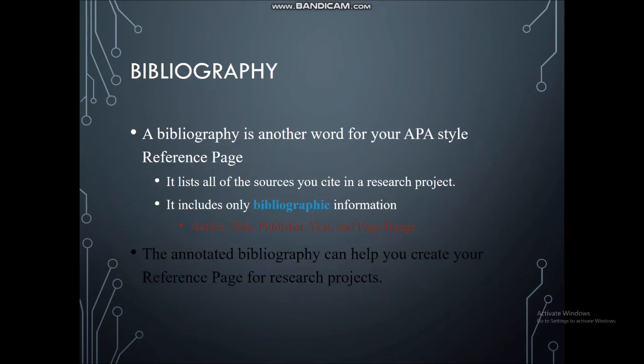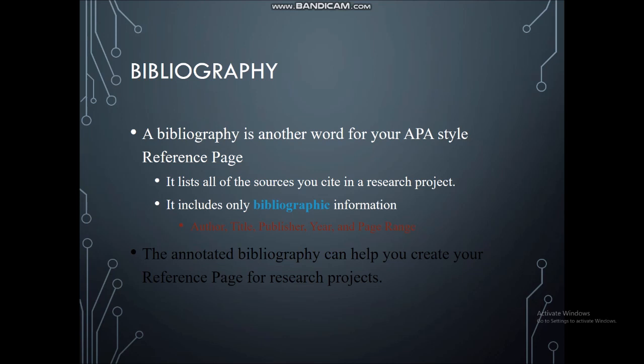Bibliography. A bibliography is another word for your APA style reference page. When we write an assignment, the last page of the assignment should have a reference page. It is a list of all sources you cite in your research project.